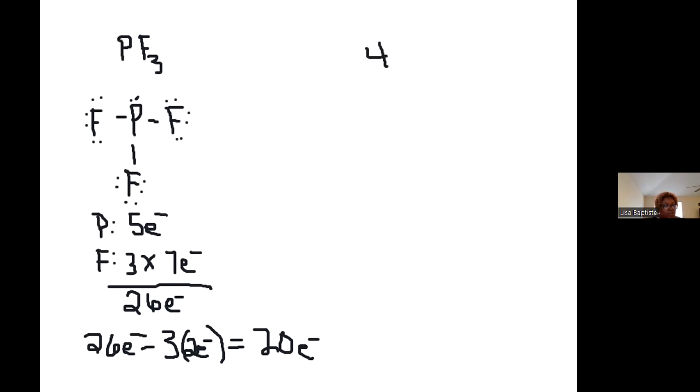And so our electron group geometry would be tetrahedral. Okay.